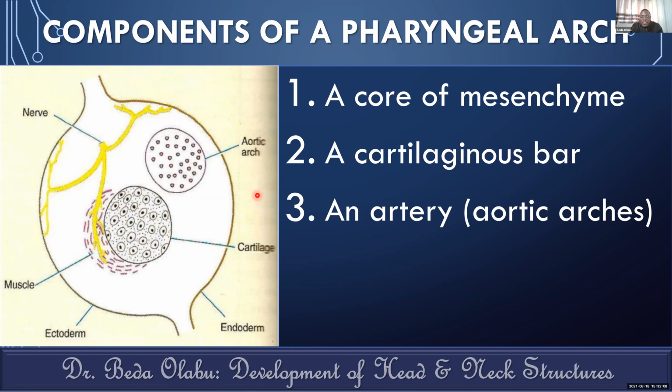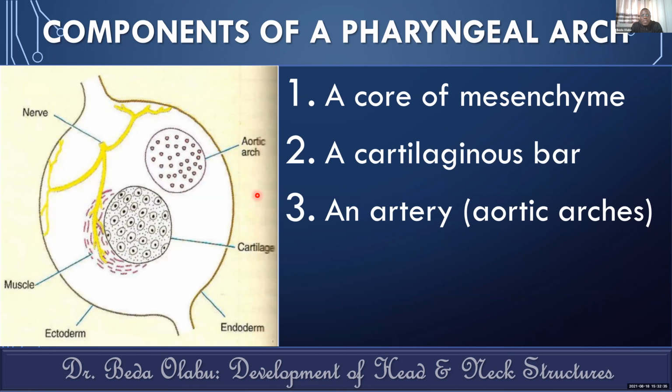Then we have a blood vessel that runs within a pharyngeal arch. The blood vessels that run within a pharyngeal arch are basically branches of the aorta. At this time, there's a large artery that comes from the heart, which we call the aorta.